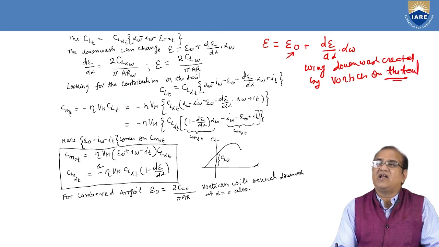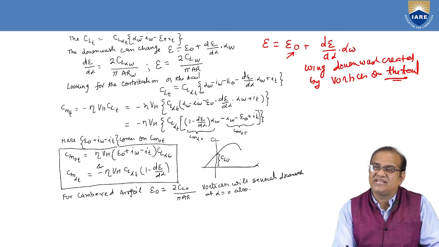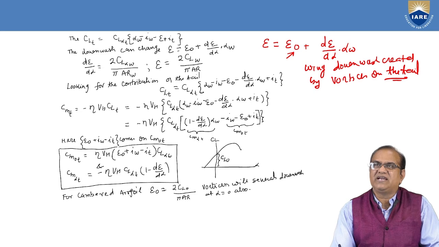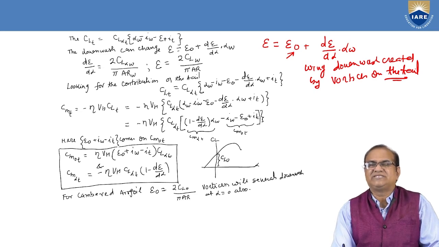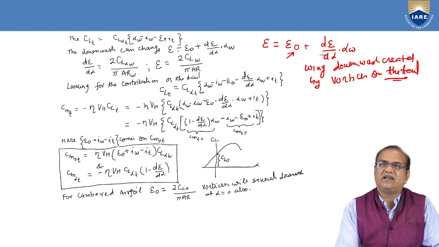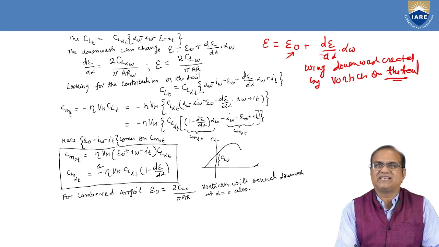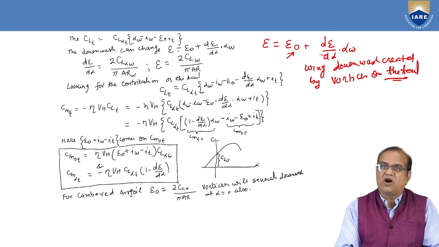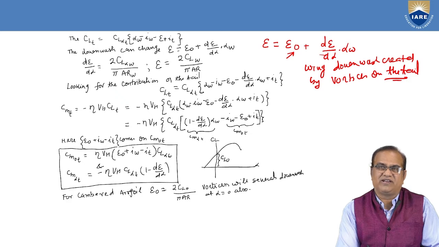So this will always exist. At 0 degree angle of attack also epsilon naught will be there, and as you change the angle of attack, d epsilon by d alpha will also change. So here we have put epsilon equal to epsilon naught plus d epsilon by d alpha into alpha W. Now d epsilon by d alpha is equal to 2 CL alpha W, where W indicates wing.